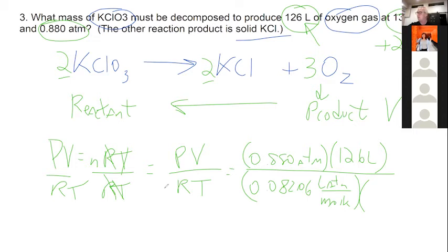So 406.15 K. So we have atmospheres, liters, Kelvin. So the only thing we have left is moles, and 1 over moles inverted is equal to moles. So we have the right units. So we just plug all these numbers in, and how many moles do we get?